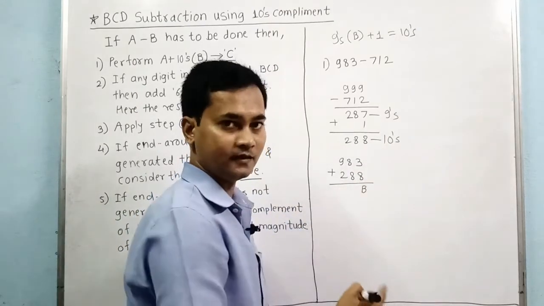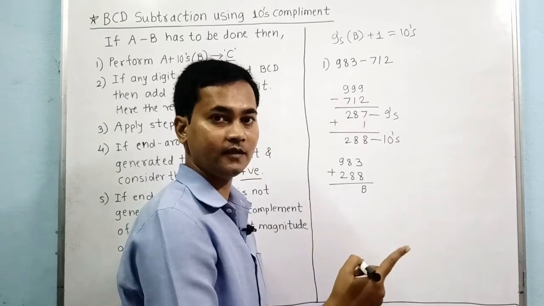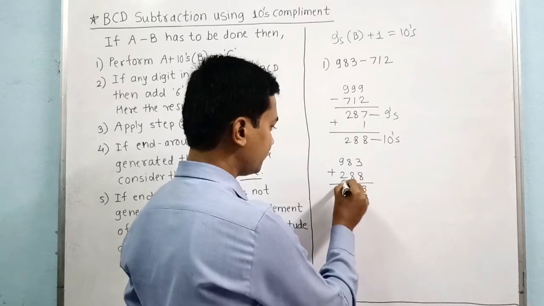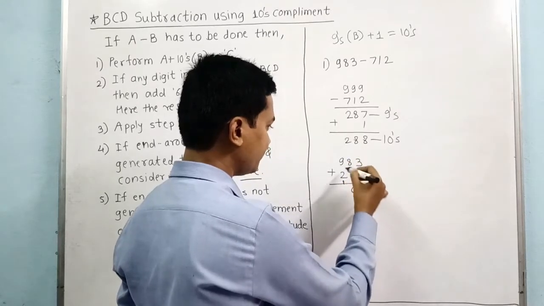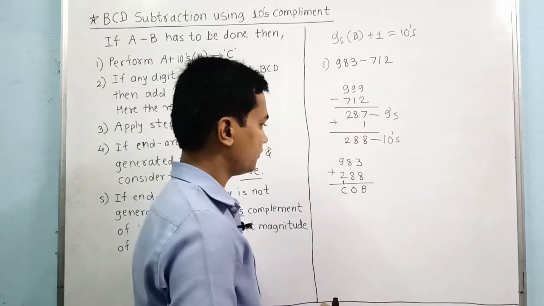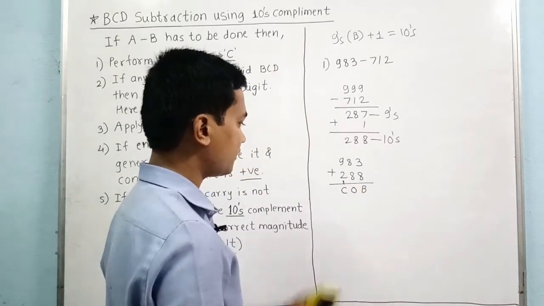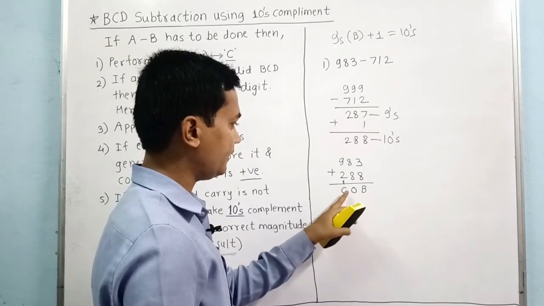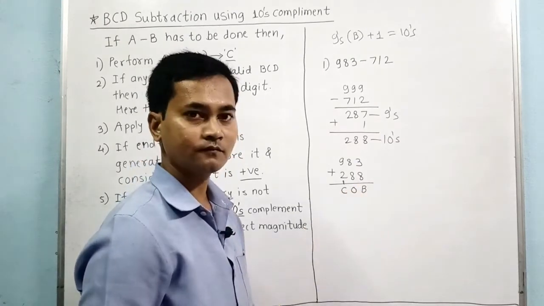8 plus 8 is 16, and 16 in hexadecimal is 10. Then 9 plus 3 is 12, which means C. Now check whether any digit is invalid BCD.